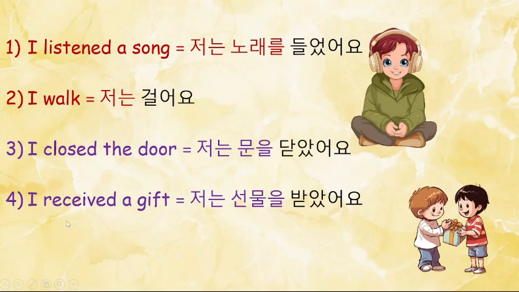Next is the example, I received a gift. 저는 선물을 받았어요. In Korean language, gift is 선물, and to receive is 받다, which does not follow the irregular rules of conjugation. So it will be conjugated as 받았어요.